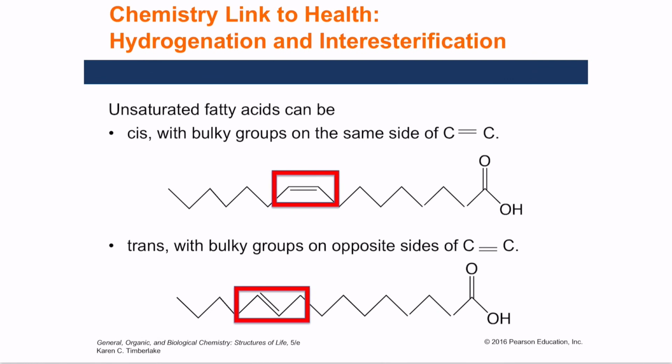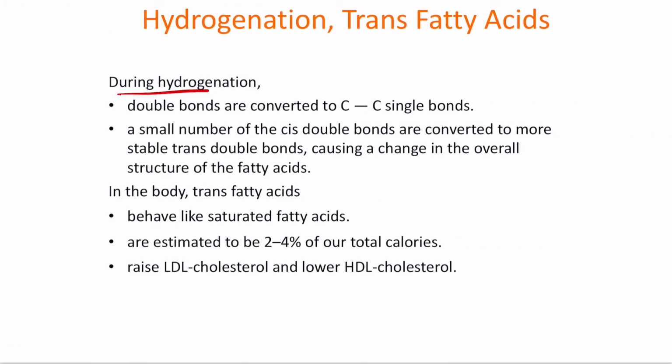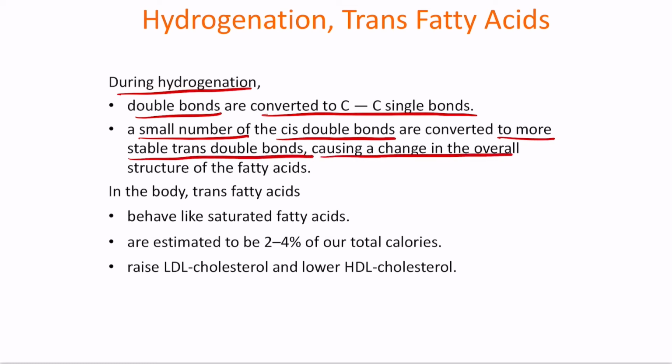Now, in terms of the link to health, let's look at hydrogenation and interesterification. Unsaturated fatty acids can be both cis and trans. During hydrogenation, double bonds are converted to single bonds, and a small number of cis double bonds are converted to more stable trans double bonds, causing a change in the overall structure of the fatty acid.